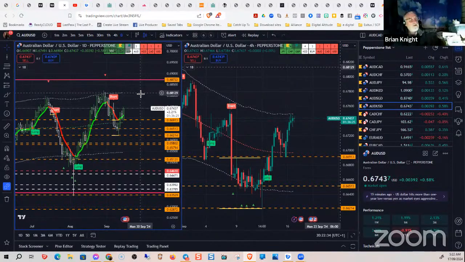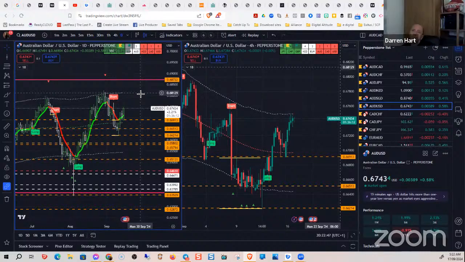So you might think that potentially, if the US dollar lowers their interest rate, it will weaken the US dollar against other currency pairs. Is that what you're sort of feeling might happen? Yeah. Okay.